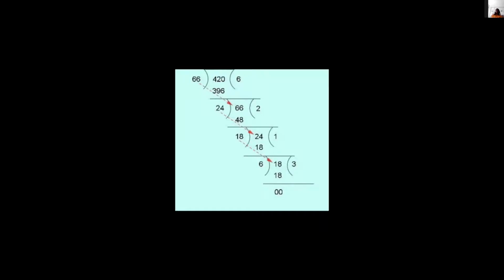Look at the second step on the screen. 66 is equal to 24 into 2 plus 18. Very good. That is your step 2. What would be the third step? 24 is equal to 18 into 1 plus 6. Perfect. And the fourth step will be? 18 is equal to 6 into 3 plus 0. Yes. When you reach 0, that's where your HCF stops. The last divisor that you get becomes the HCF of the two numbers. Therefore, the HCF here is equal to 6.